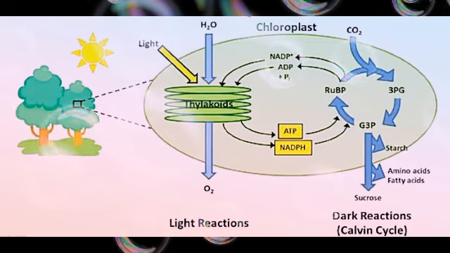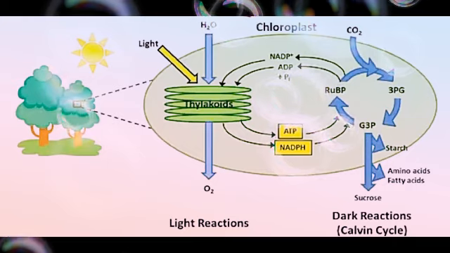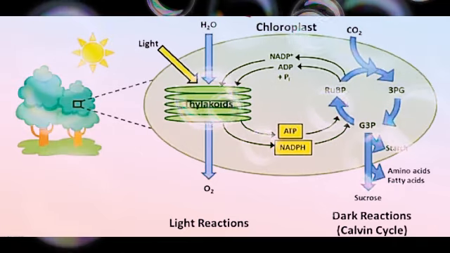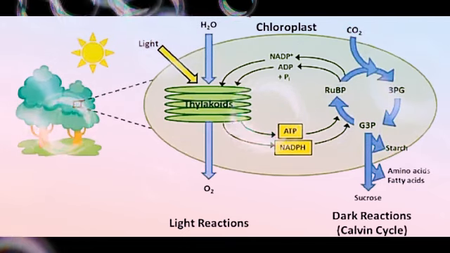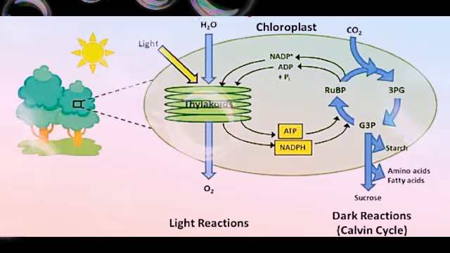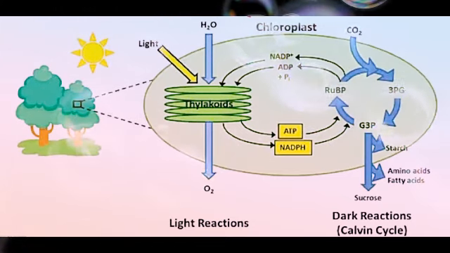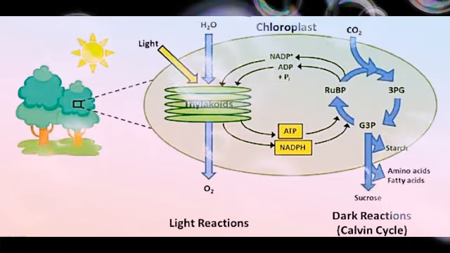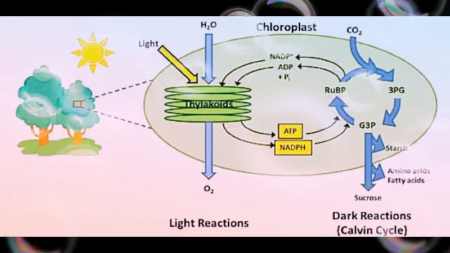These two reactions are the light dependent reaction and the light independent reaction. Now the word light dependent means it is dependent on the light, but light independent means it does not take place at night only, it takes place in the daytime as well. Only the light is not helping out in this process. Without light also this process can take place.